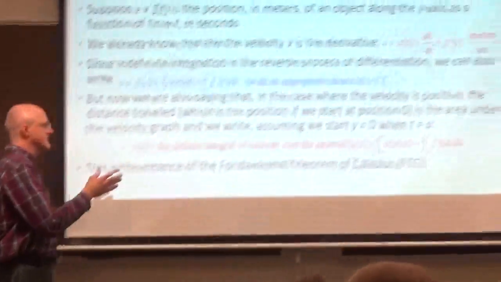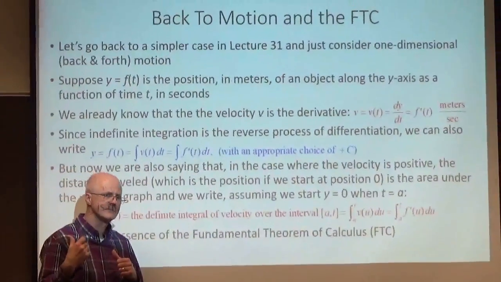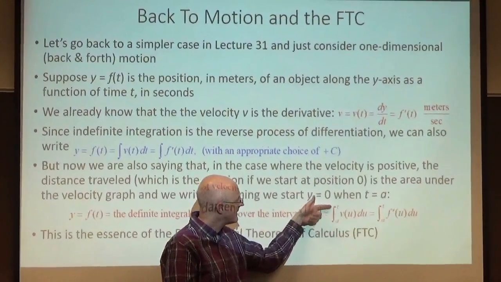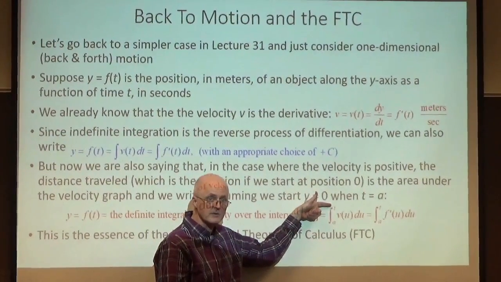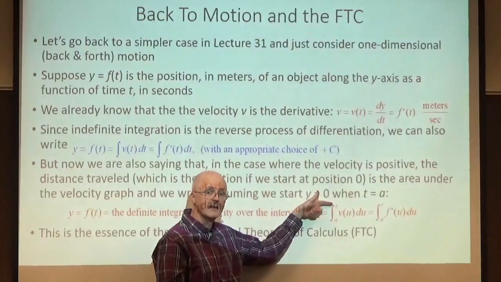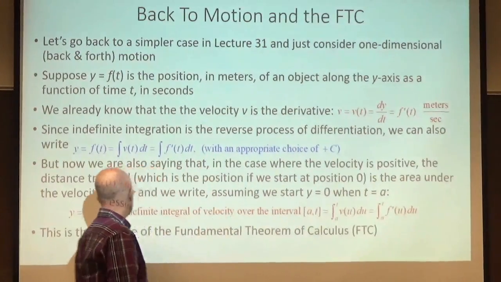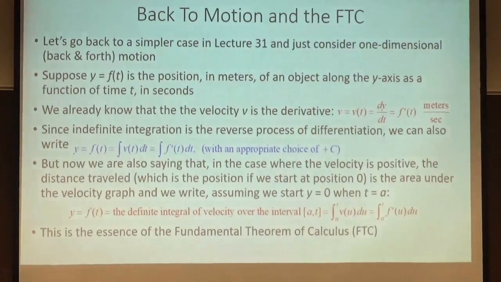The definite integral symbol represents the area under the function. And then putting the t up there as a variable means this is a function of t, that it's going to be an antiderivative of the original function. If I differentiate this, I get the original function. I can write this equation too.